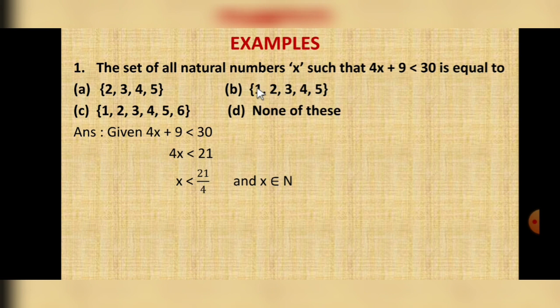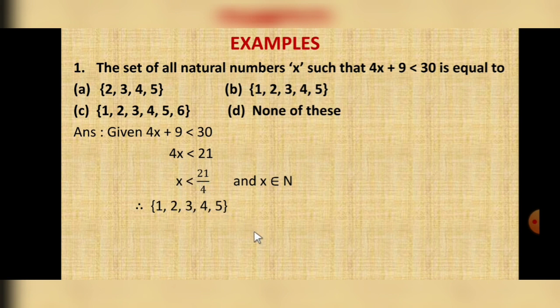Here x is a natural number. 21 by 4 means we get 5.2, 5 point some fractional term. Now x is less than 5.2, so the natural numbers are 1 to 5: 1, 2, 3, 4, 5. These are the values of x.